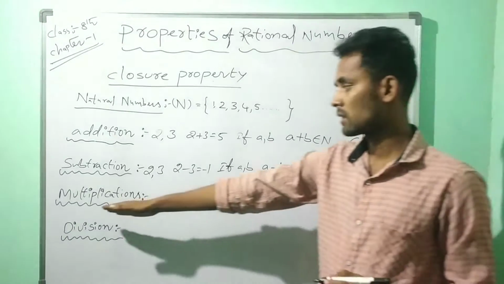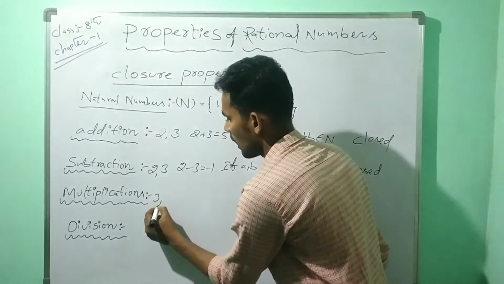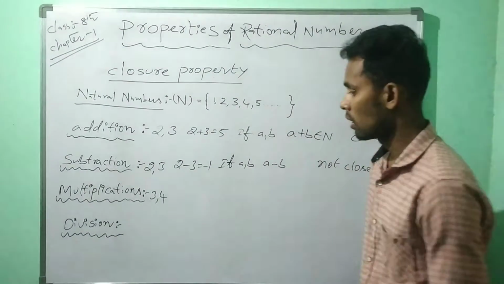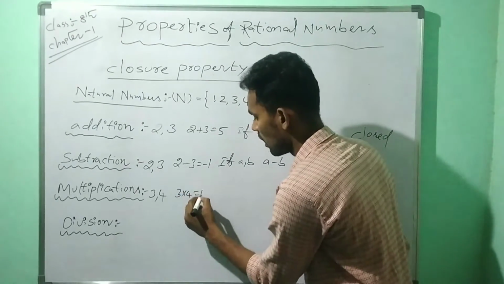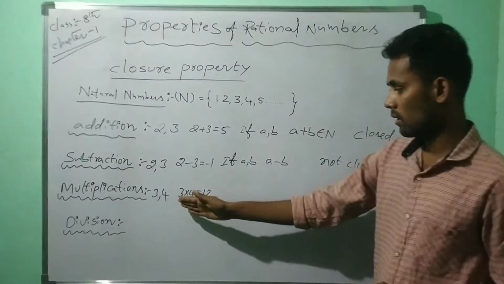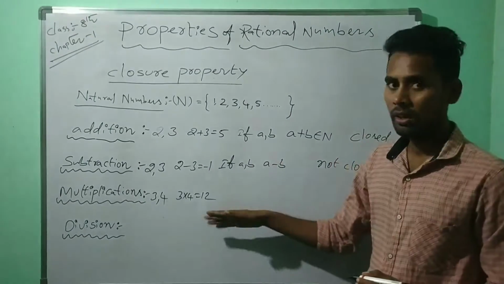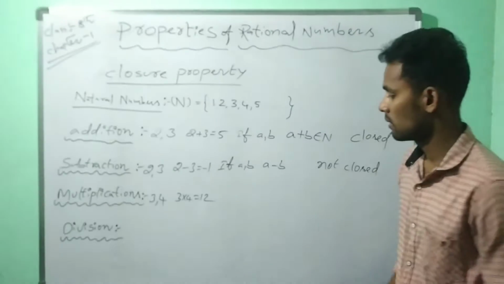Now discuss multiplication. 3 and 4, any two natural numbers, what is the product? 3 into 4 equals 12. The product of any two natural numbers is also a natural number. 12 is a natural number.